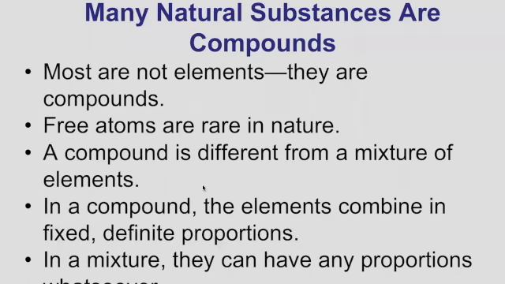Going back to just elements itself, it's going to be really rare to just find an element, just find sodium just laying around. Usually those elements like to form compounds. They do not like to be by themselves. This is because of energy.